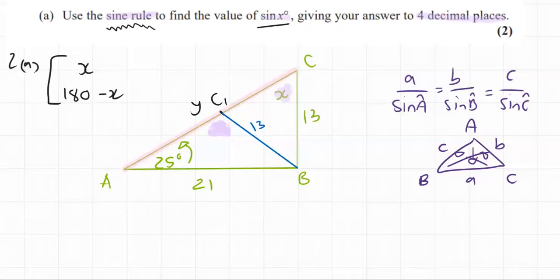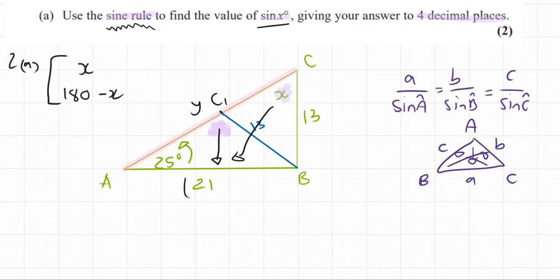So using the sine rule, sine of x is going to be opposite the 21 side. If you come from here or from here, it doesn't matter.